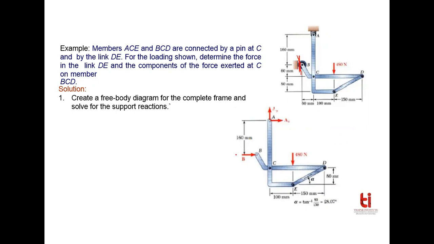So this is our reaction at point B, and then this external force 480 is acting. Now if you want to solve it, you will apply vertical force balance and horizontal force balance, and then moment balance as well. If you want to apply moment balance, about which point will you take the moment?